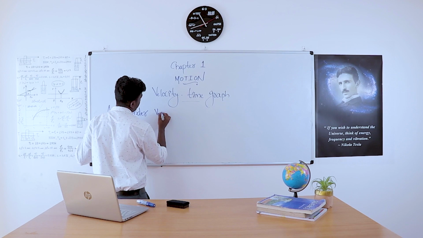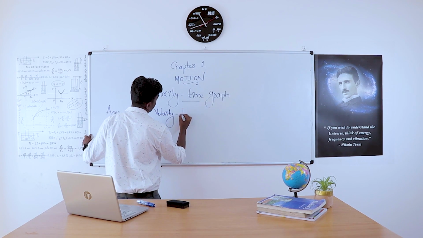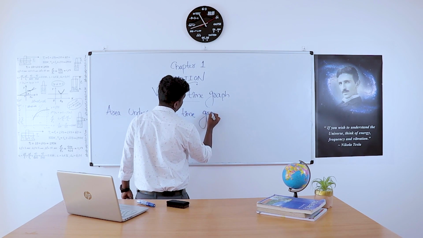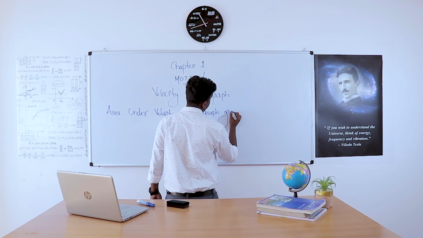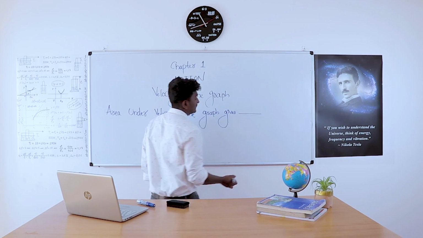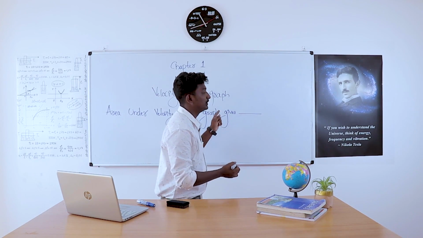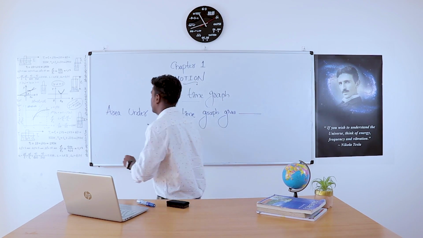Area under velocity time graph is dash. Here also we are getting a term, and first we have to find the term and then we can fill the space.